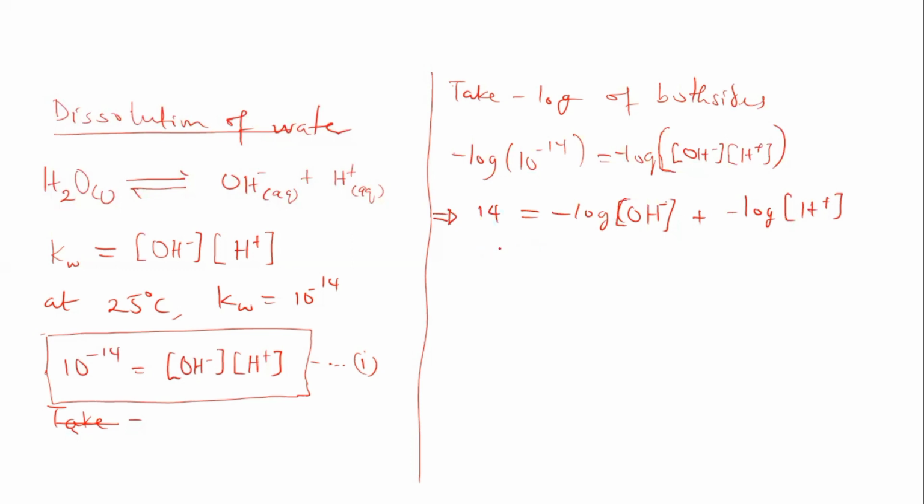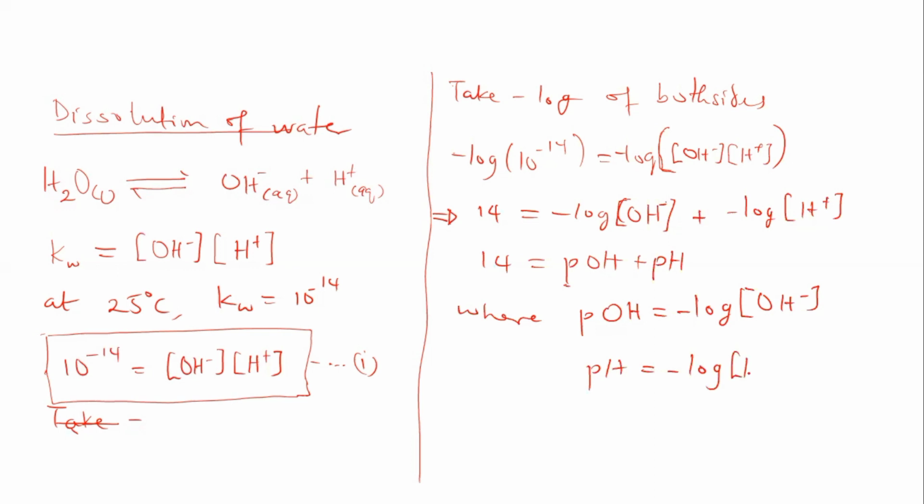So 14 equals, what is minus log this one? This one is POH plus pH. Mind you, this is a small letter p and capital letter OH, so POH is minus log OH minus, and pH is minus log H plus.